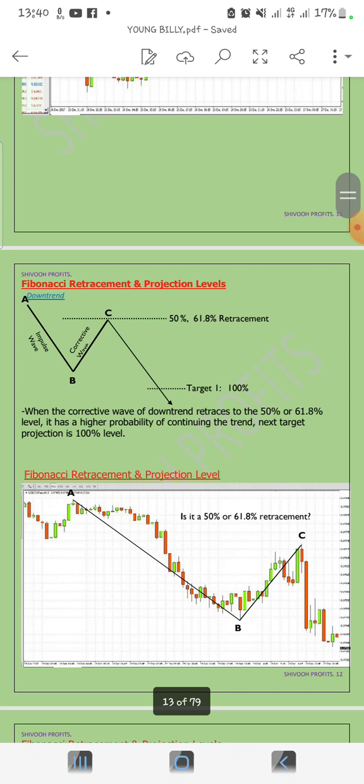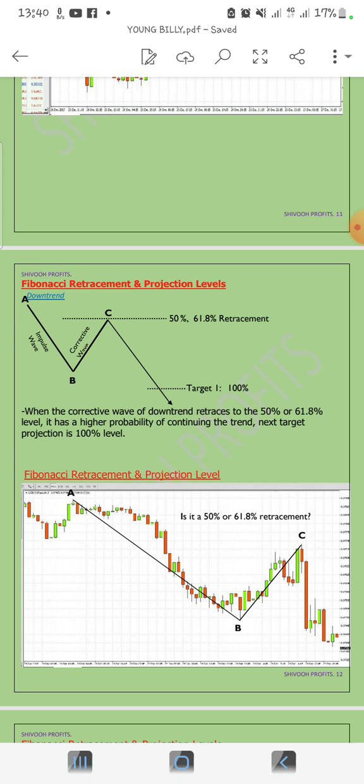So we have a downtrend now. For a downtrend, from A to B is again the impulsive wave, and from B to C is the corrective wave. With Fibonacci retracement, we measure the corrective wave so that we can estimate our entry at the 50%, 61.8% or 78% retracement level, taking our entry from there and targeting downwards.